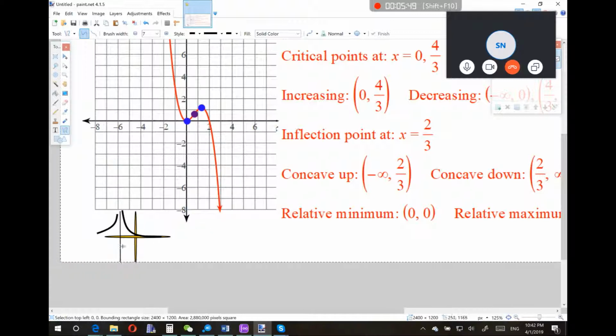This does not count as a point of inflection because we didn't actually change concavity. If I did change concavity, so if that last line had looked like this instead, where instead of being concave up, we were concave down after that point, that can count as a point of inflection.